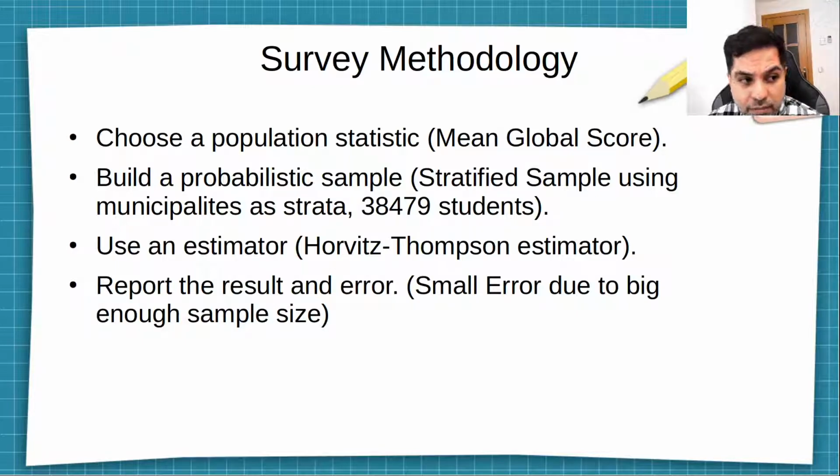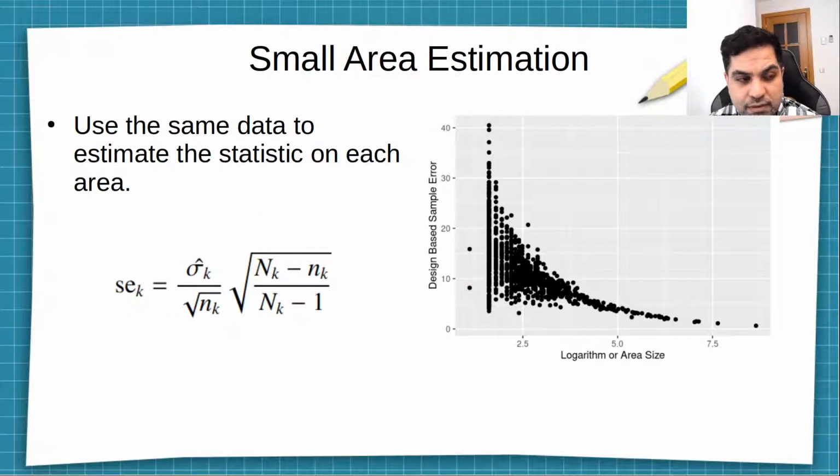We use an estimator, the Horvitz-Thompson estimator, and we report the error and the result. As our sample was big, the error is small.